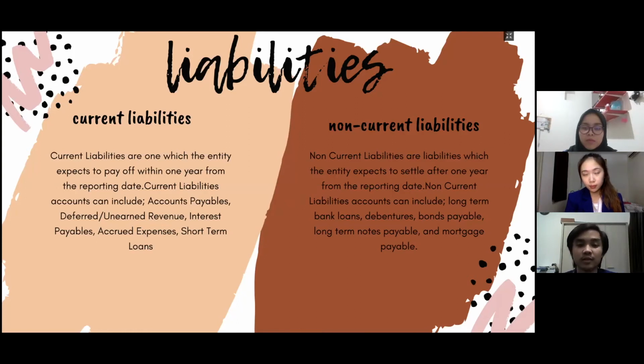While non-current liabilities are liabilities which the entity expects to settle after 1 year from the reporting date. Its accounts can include long-term bank loans, debentures, bonds payable, long-term notes payable, and mortgage payables.